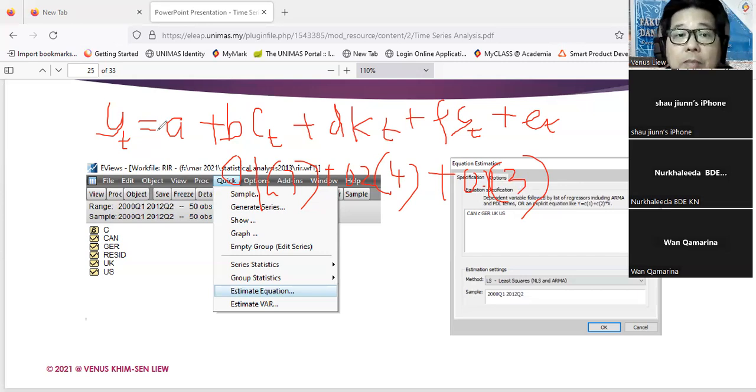Of course, when you estimate this, there will be a certain constant even without the presence of other countries' interest rates. The UK itself will also have its own policy and, on average, some interest rate. Maybe this is 3.